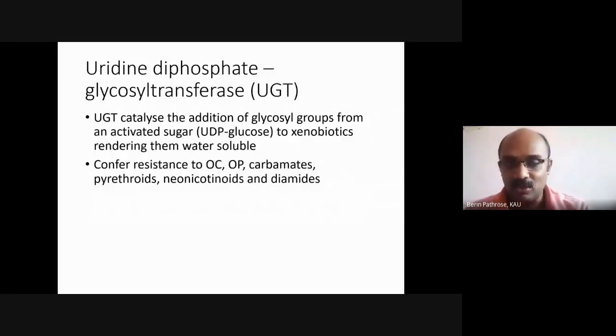Once glucose is transferred to the pesticide molecule, it becomes more water soluble and can be easily excreted. It is mainly involved in the detoxification of many pesticides, especially new molecules, neonicotinoids and diamides. I will take two examples.